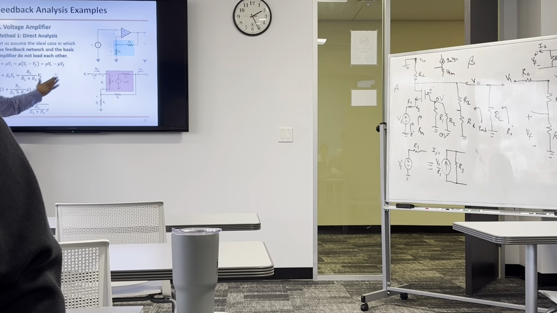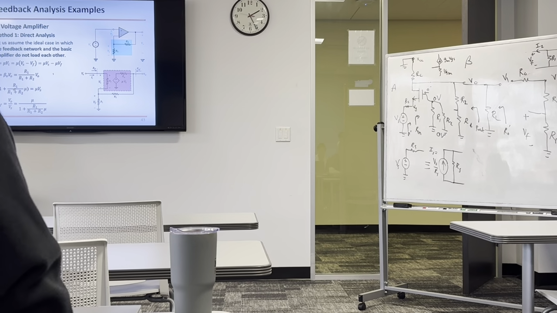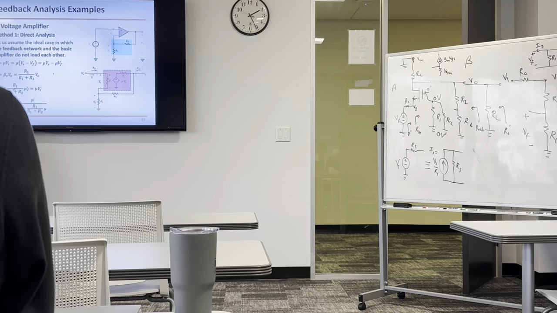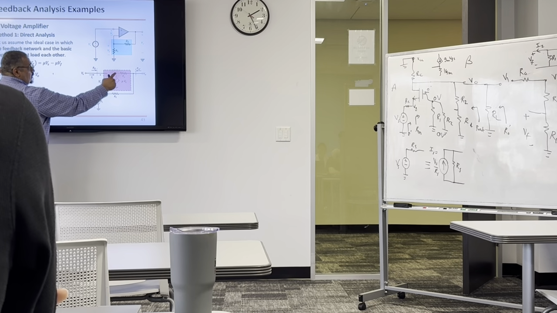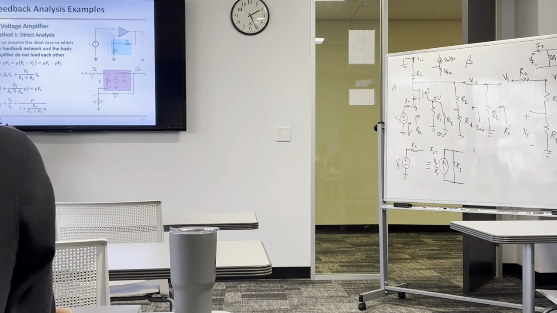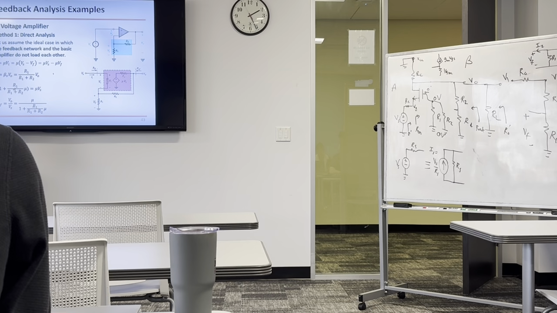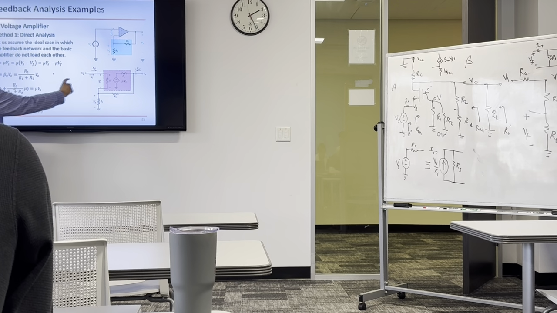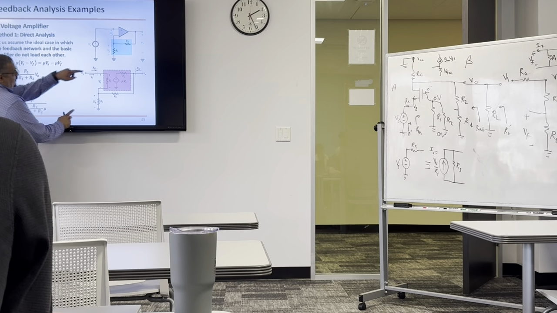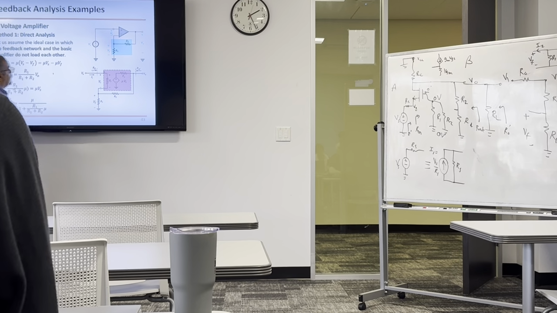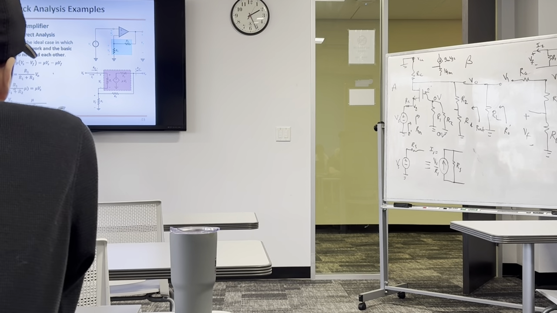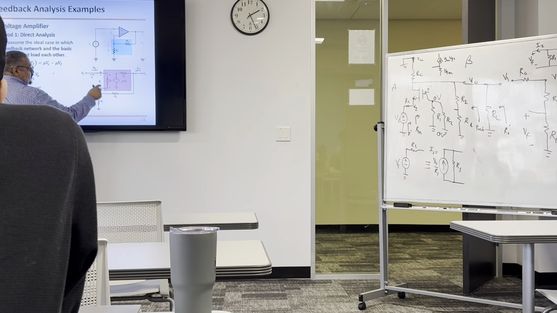So if you assume this assumption, then V out is the same as this voltage, and this voltage is just a constant, A or mu or whatever, times V differential or input. And the V differential is the difference between Vs and Vf. So this voltage here, Vi, is this voltage minus this voltage, right?